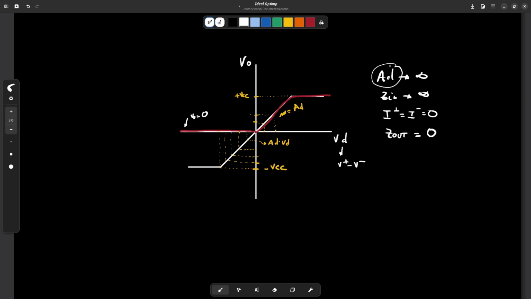The frequency response of the gain of the amplifier is flat. It doesn't depend on the frequency.